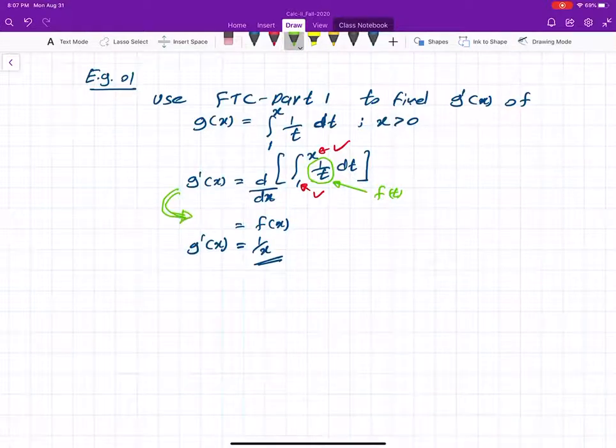Okay, so this is the place I use the fundamental theorem of calculus. All right, move to example number 2.